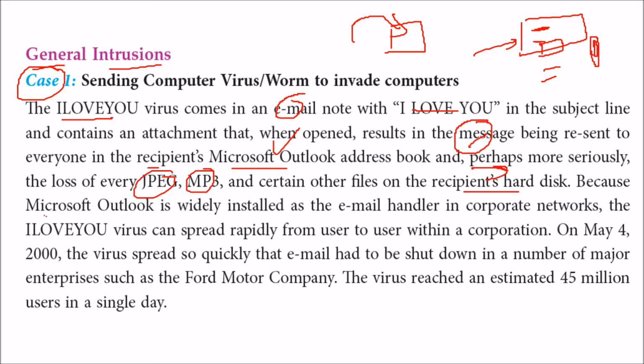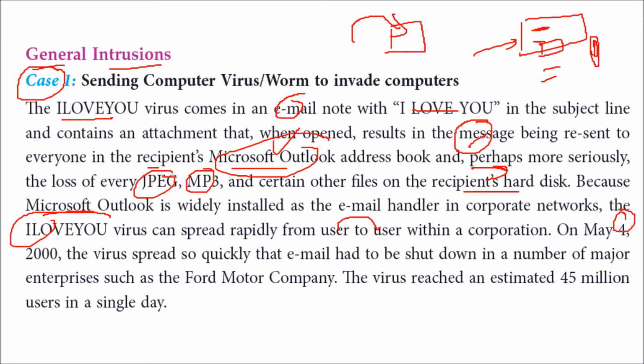And since Microsoft Outlook is widely used offline, you can make use of Outlook to see email even if you are not connected to the internet. So this I Love You virus can spread rapidly from user to user, as I said, and propagate within a corporation.